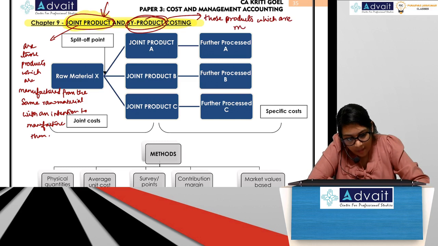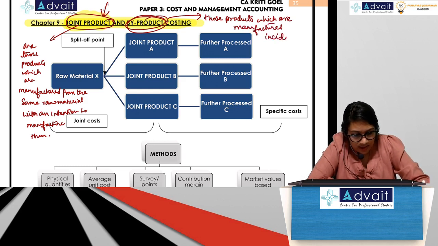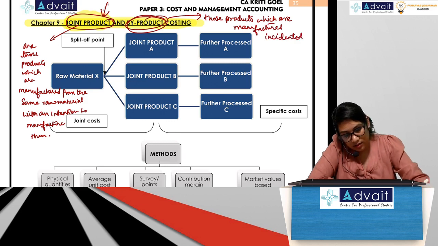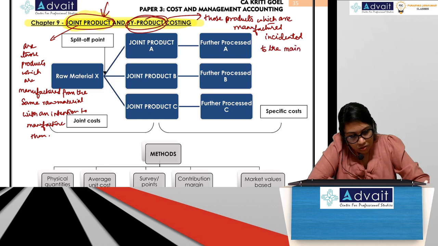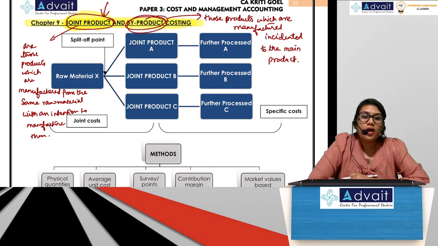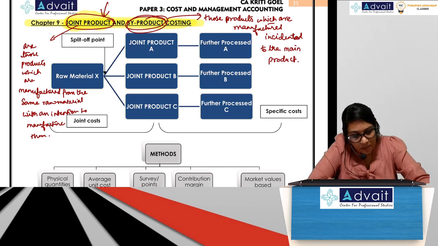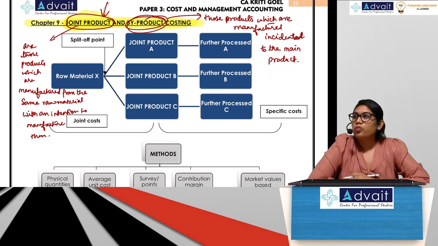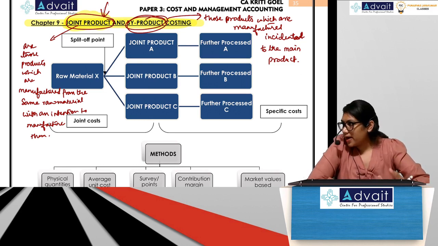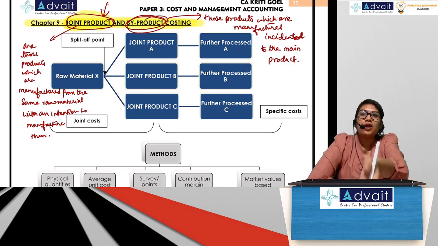Byproducts are those products which are manufactured incidental to the main product, which means I did not intend to produce these products, but when I was producing my main product, on the side these products were obtained.